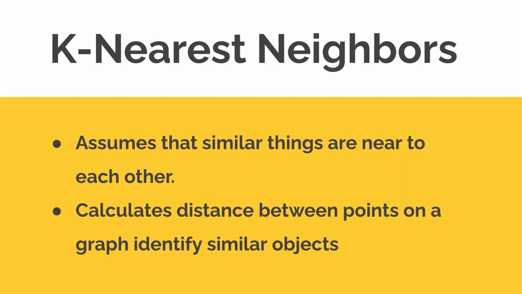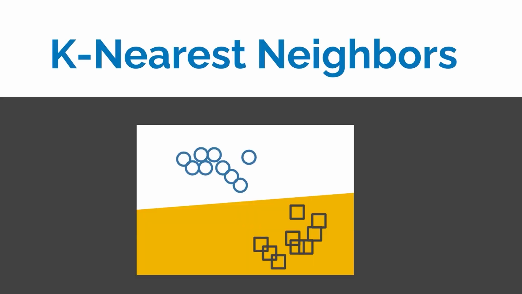So this type of algorithm will calculate the distance between points on a graph to identify similar objects. So it will first have to plot every item, every data sample onto a graph based on different feature values, and then it can find if two objects are similar, then that means they are close to each other on that graph. So that's just one example.